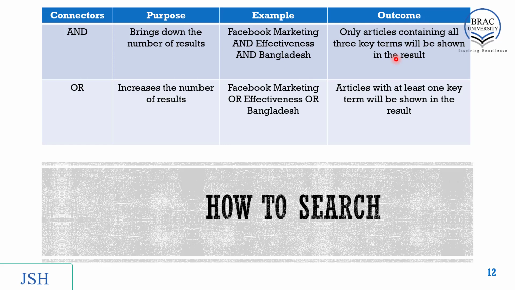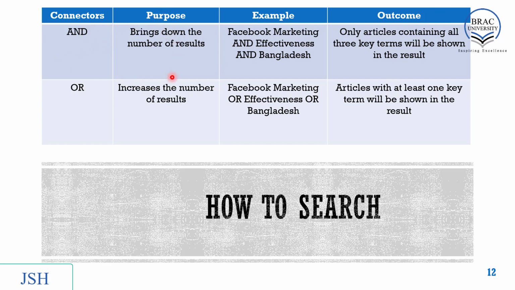So what is the benefit? The first time when we searched with the whole title, the number of articles was 10,800. But when we use and, the number of articles will be brought down, because only those articles will be shown where all of these 3 words are present. So here we are using and as a connector.